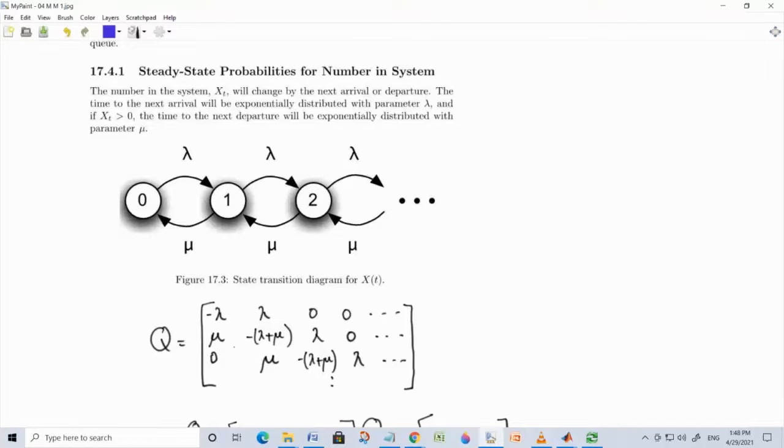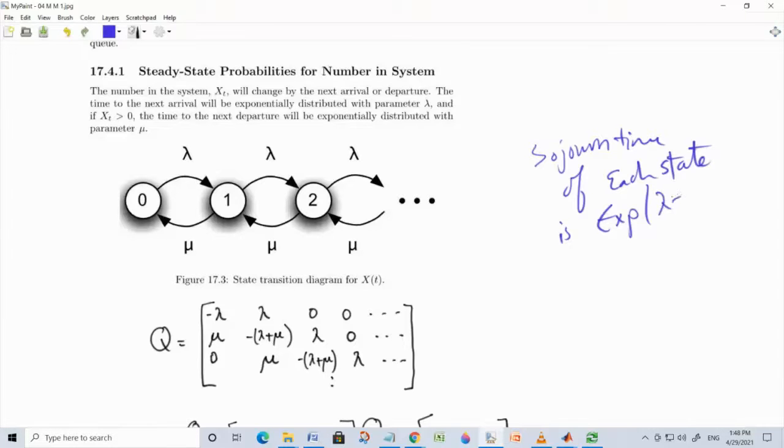The sojourn time of each state is exponential, because think about it: if you are in a certain state, what are the possibilities? Things depend on the minimum of the service time and the inter-arrival time.